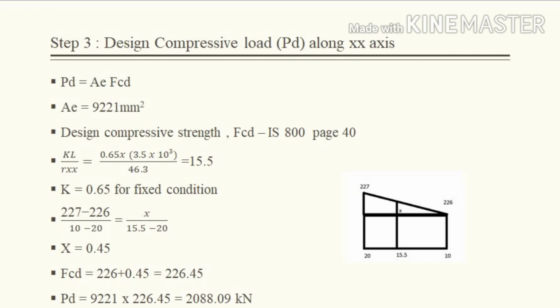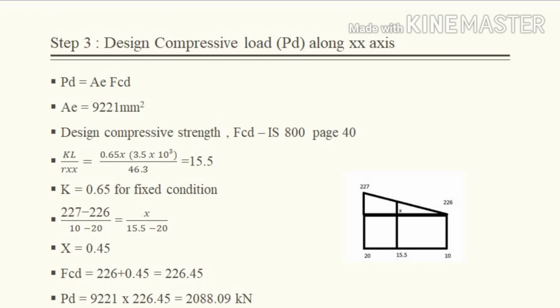For finding x, we should consider similar triangles, that is 227 minus 226 by 10 minus 20 is equal to x by 15.5 minus 20. From this we will get that x is equal to 0.45. So FCD, the design compressive strength, is equal to 226 plus 0.45, equal to 226.45.